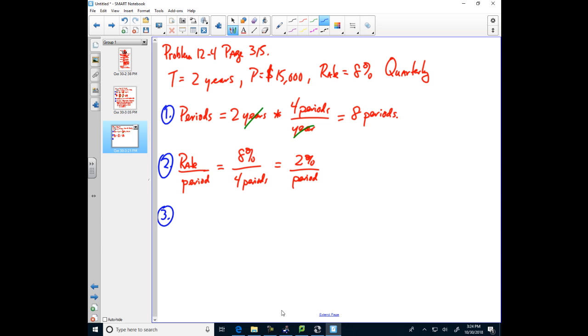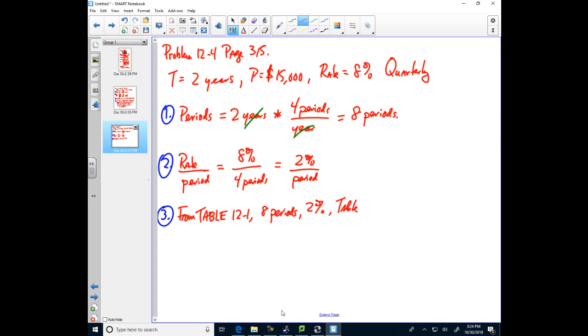Now step 3. You look this up in the table, don't you? That is step 3, isn't it? From table 12.1, 8 periods, 2% per period.